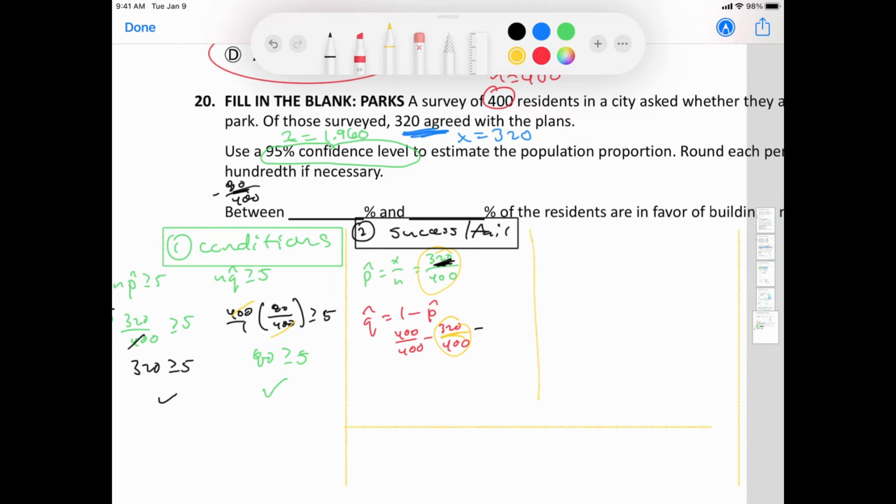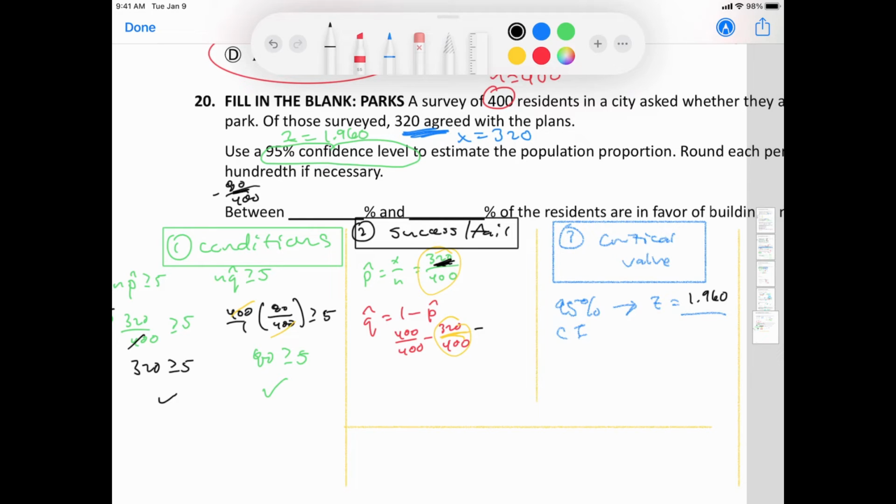Step number 3 is we need a critical value. Basically, we're changing a 95% confidence interval to a z-score. And the z-score, looking at our chart, is 1.960. So that is our z-score.